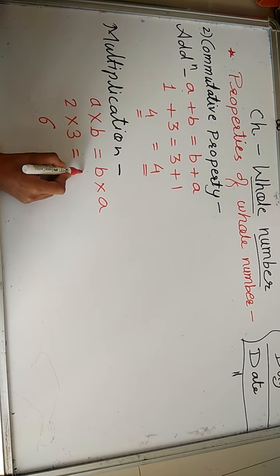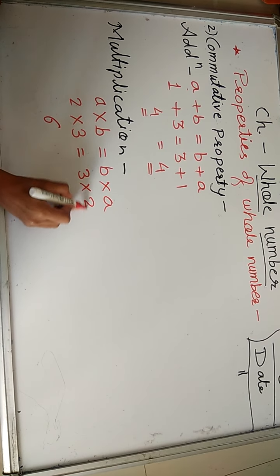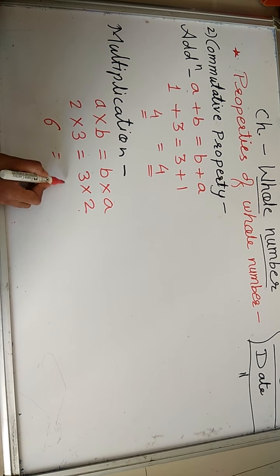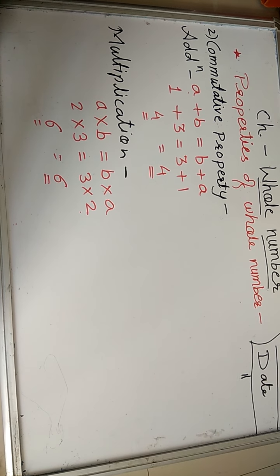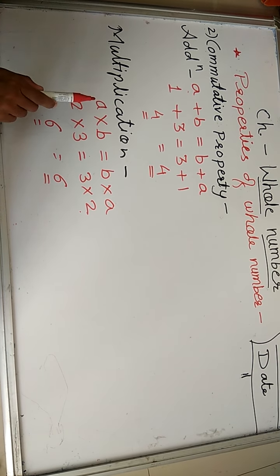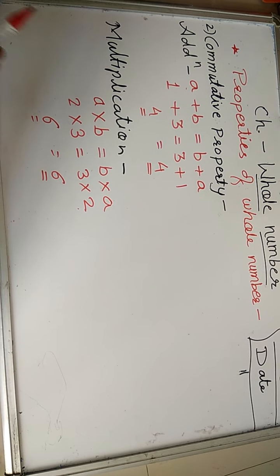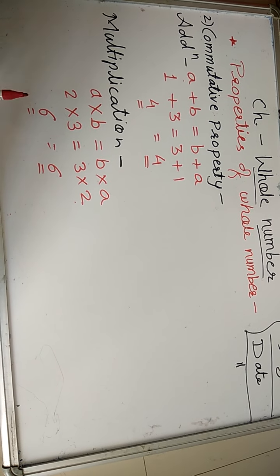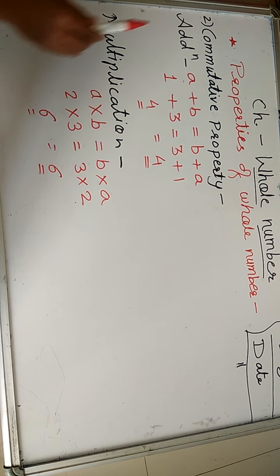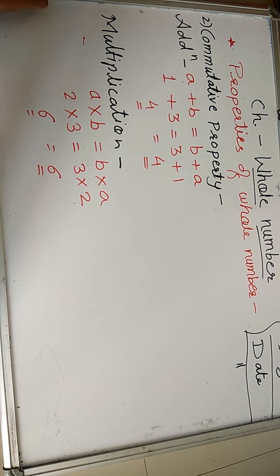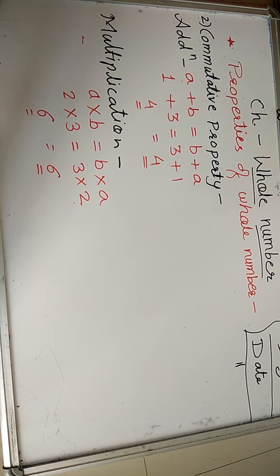Now change their order, meaning 3 into 2. 3 2s are 6. If you observe, their product is the same. It means that multiplication of two whole numbers remains the same even if you change their order. That is called commutative property for multiplication.